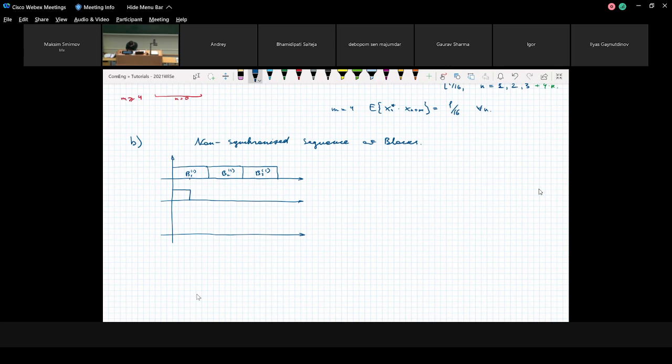Okay, I use slightly different scaling, but we have 4 samples for each symbol, and we have 4 different options for the phase. But let's say we missed the first 2 samples and we started in the middle. This is how we start capturing our sequence: part of B1, then B2, and B3, and then we have B4, and so on.